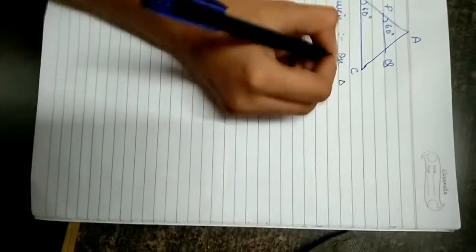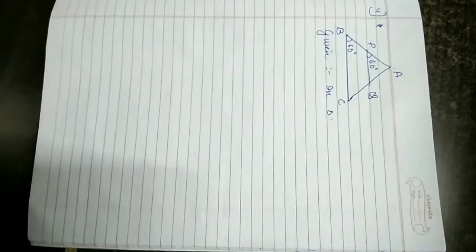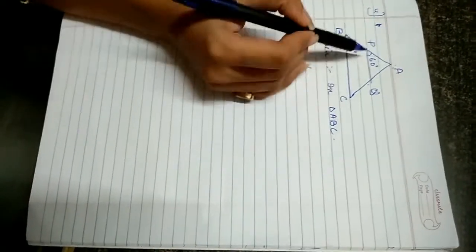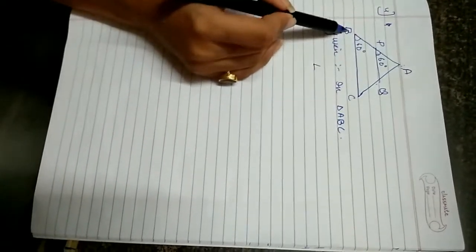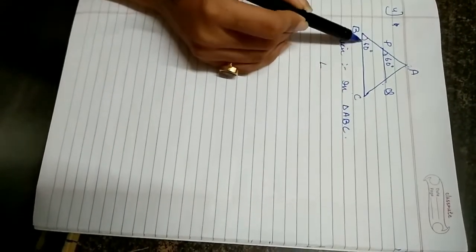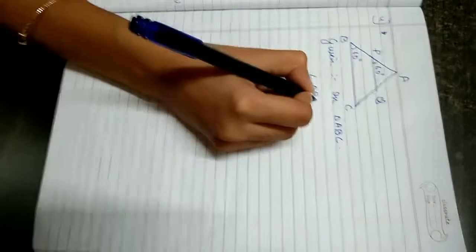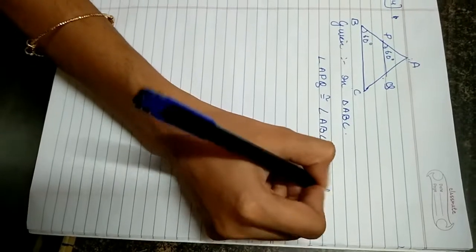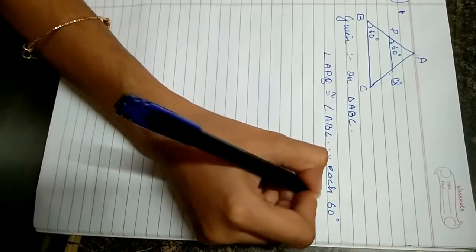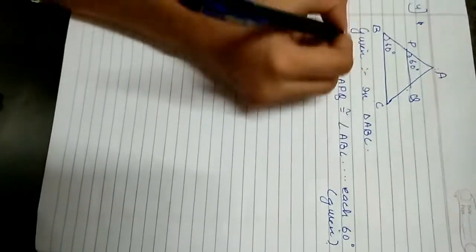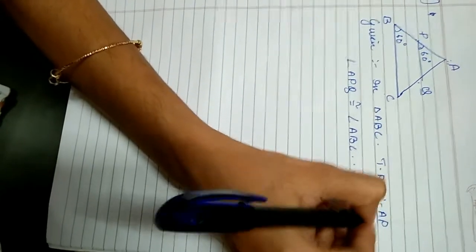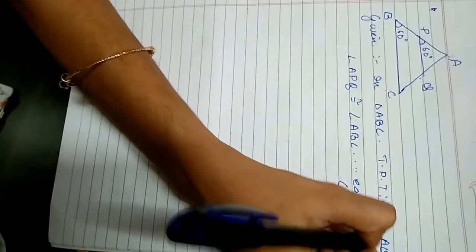Given in triangle ABC, angle APQ is equal to angle ABC, because angle P is 60, angle B is also 60. Angle APQ is congruent to angle ABC, each 60. To prove that AP upon PB is equal to AQ upon QC.